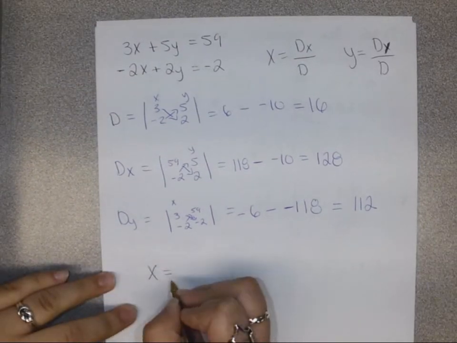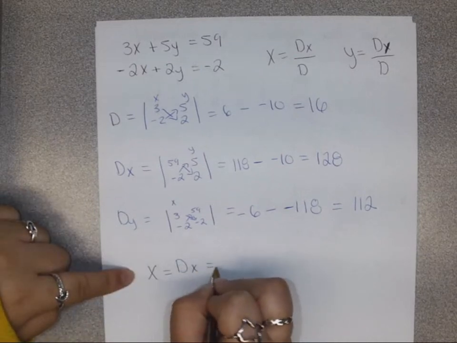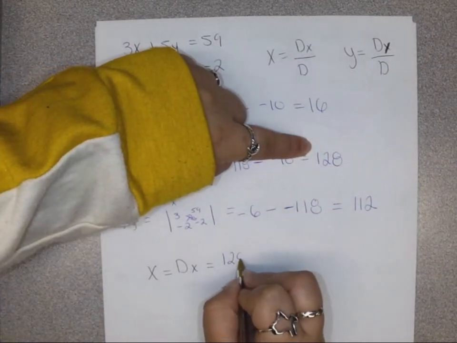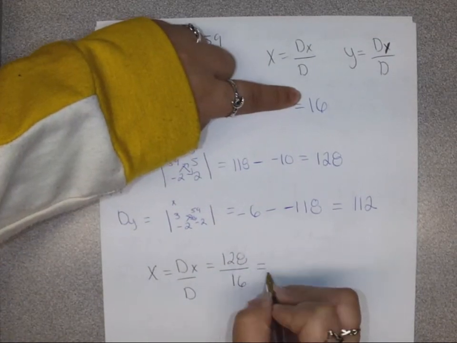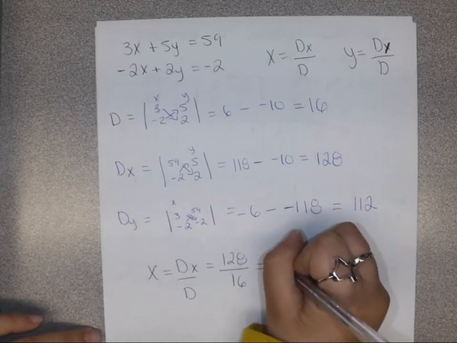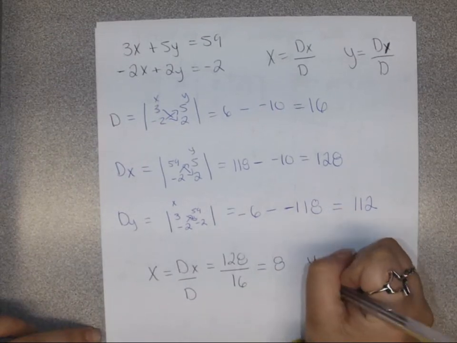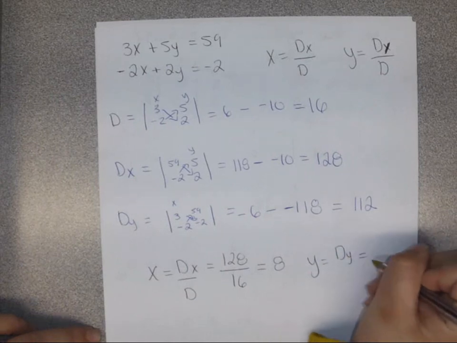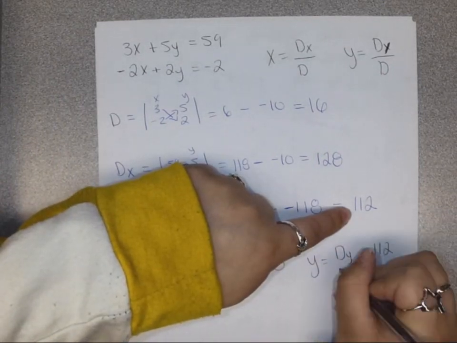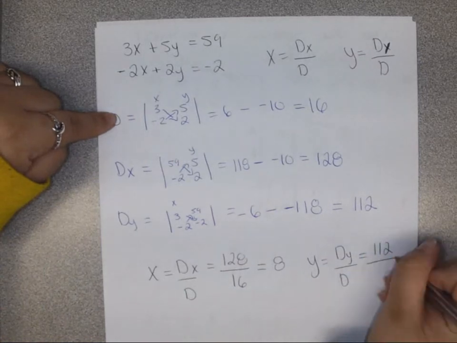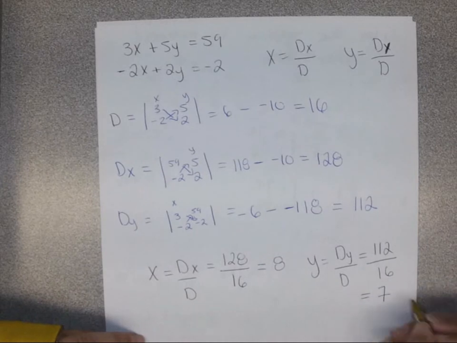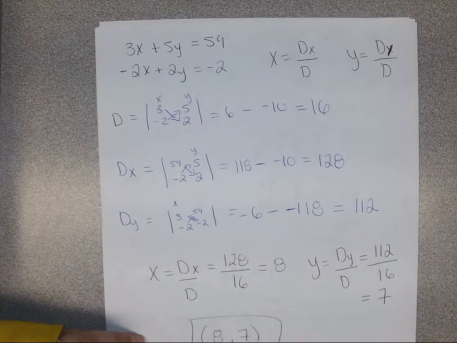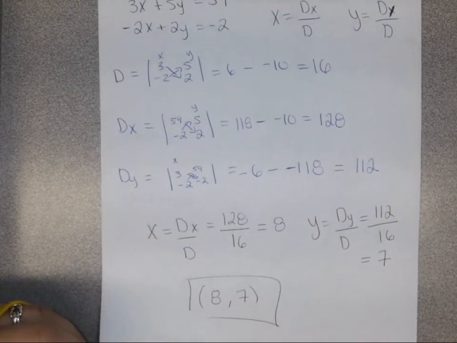So x is equal to the determinant of x, which is 128, over the determinant of the system, which is 16. 128 over 16 is equal to 8. y is equal to the determinant of y, which we found to be 112, over the determinant of the system, which we found to be 16. 112 over 16 gives us 7. So in fact, the ordered pair is (8, 7), which matches what we previously found.